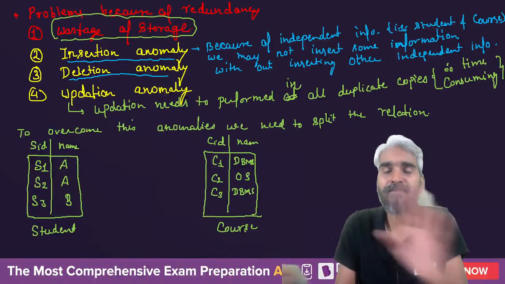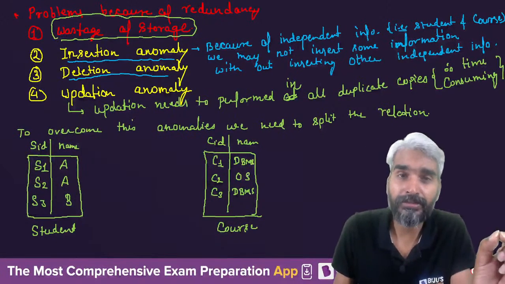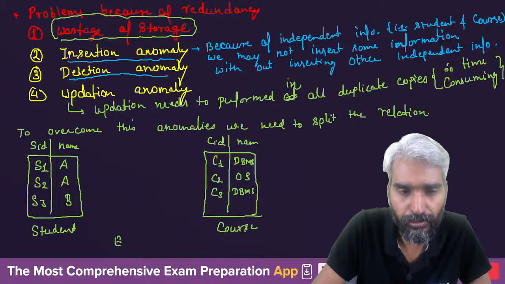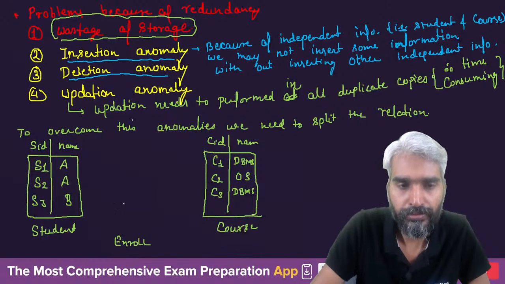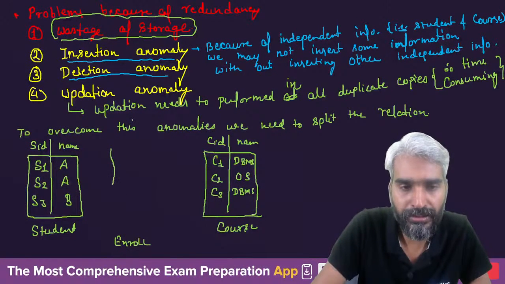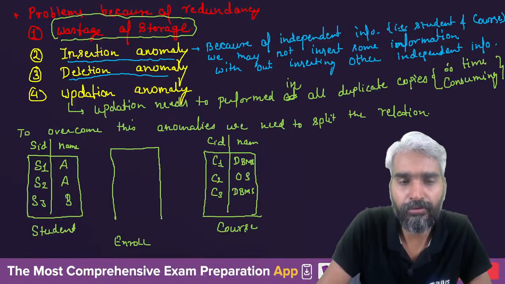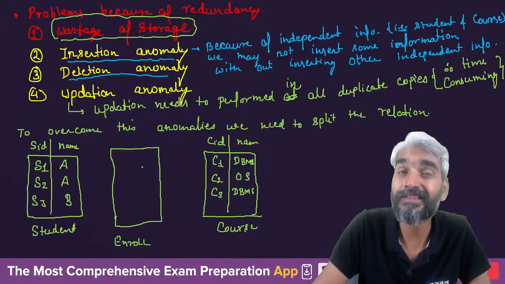Now, the only information which is missing is which particular student has enrolled for which course. So you will have one more table which is known as enroll. In this table, we need to represent which student has enrolled for which course.